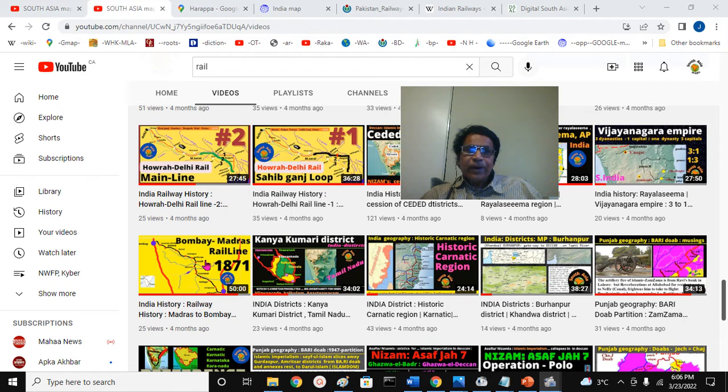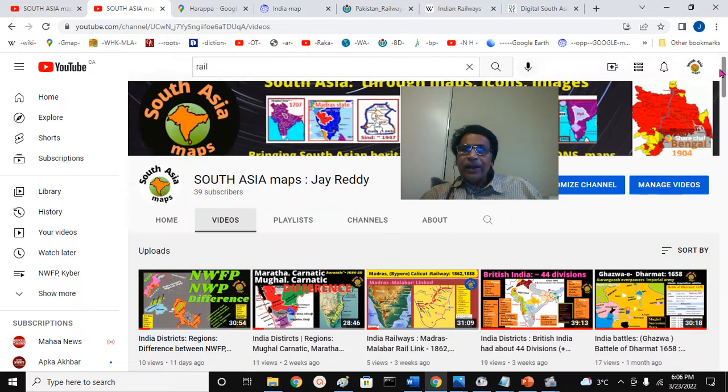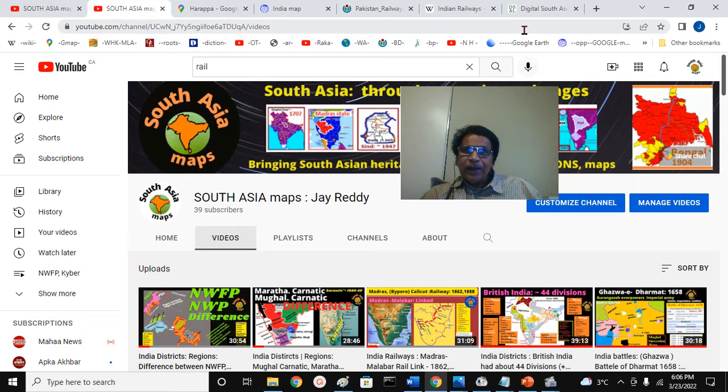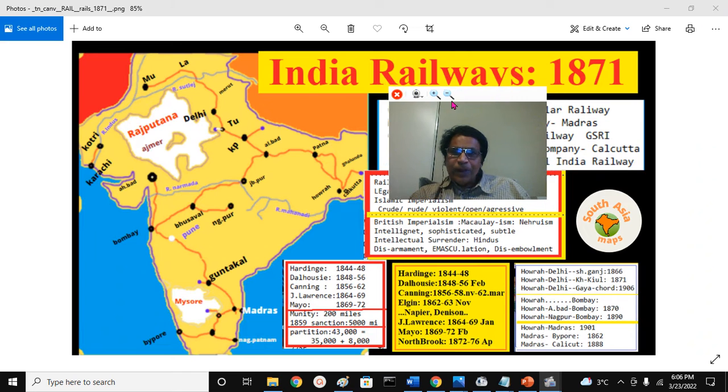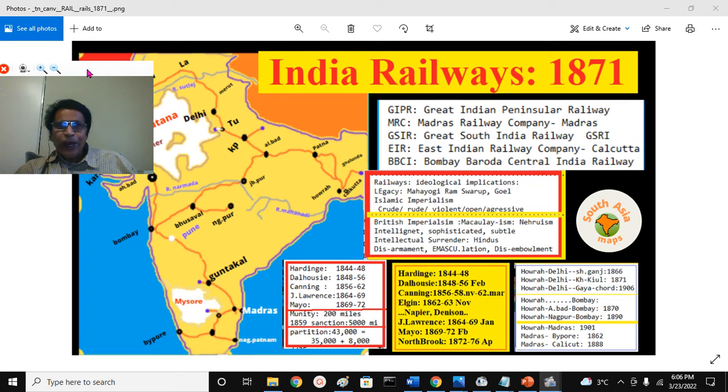I also talked about the Bombay Madras Railway Line 1871 extensively before, you can look at it, and I also added the Madras and Malabar link, that is the Calicut link. That is also very important. Actually, the Calicut link was done much earlier. The Malabar Calicut railway line was even 1862, during the Canning time itself, within 1 or 2 years after the mutiny.